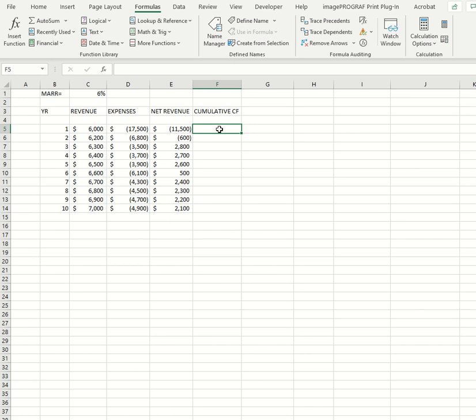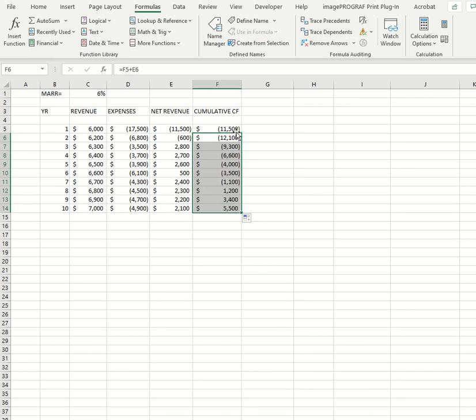So what we'll do on this one is, well, of course this one's just going to be what it is, and this value right here is going to be this number plus this number. Okay, and then we can copy that down to the cumulative for all of them.